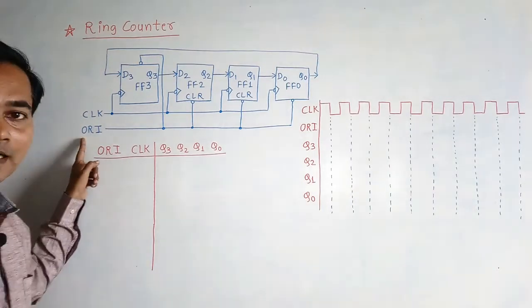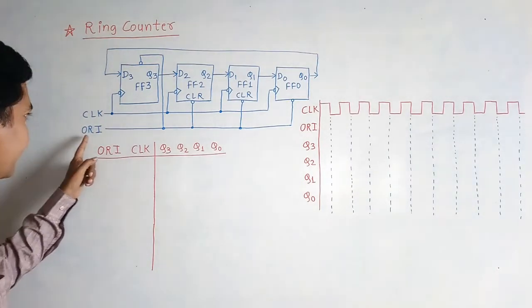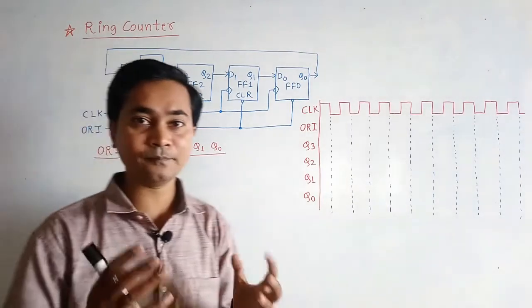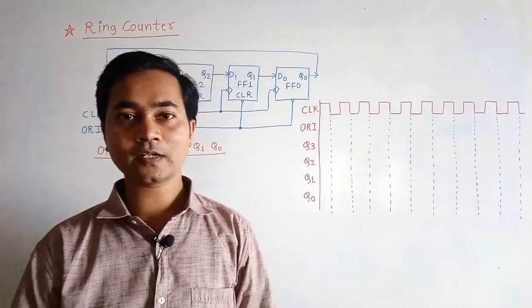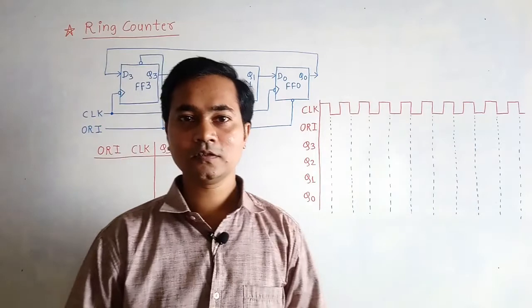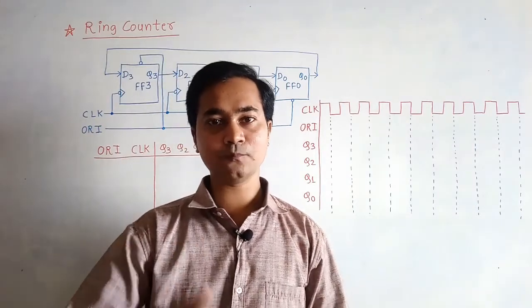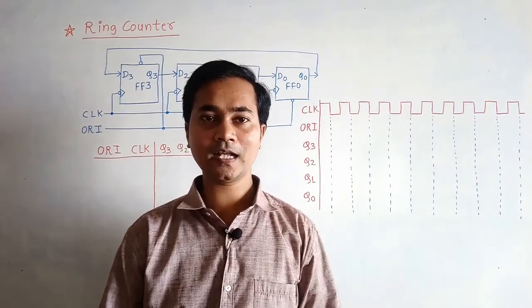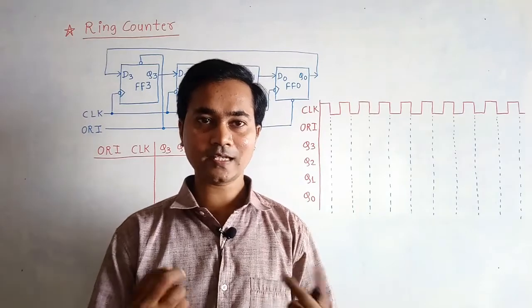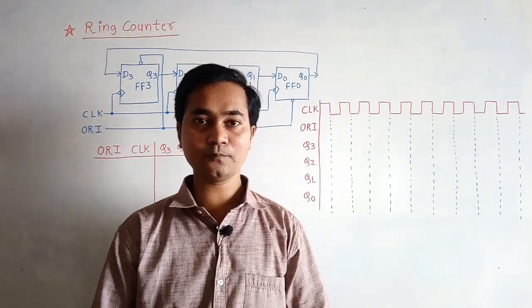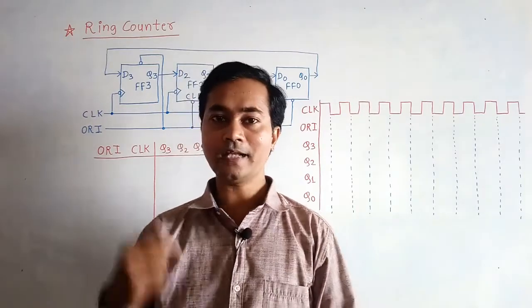Now the third input is ORI, that is the overriding input. First of all we will see what is meant by overriding input. Overriding means controlling the other inputs, that is, without taking the other inputs into consideration, the ORI will affect the output.